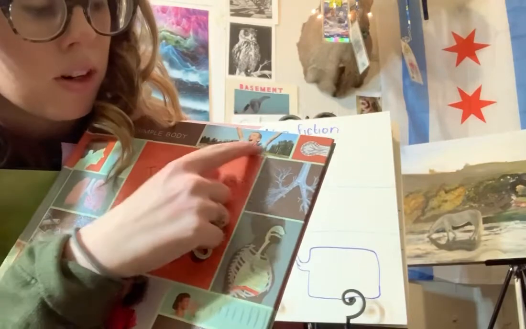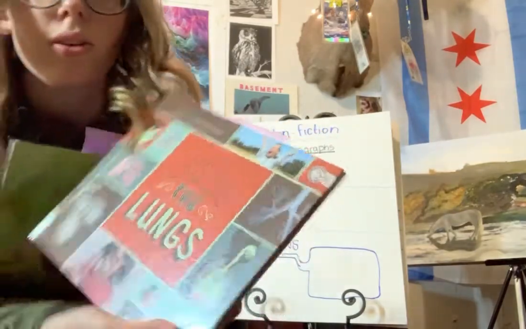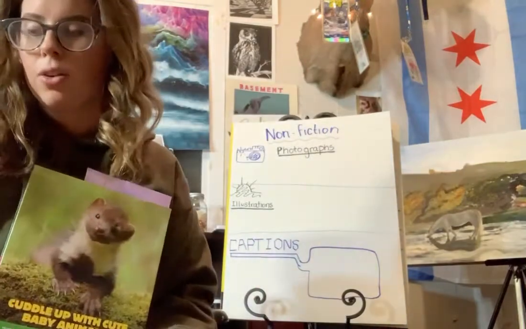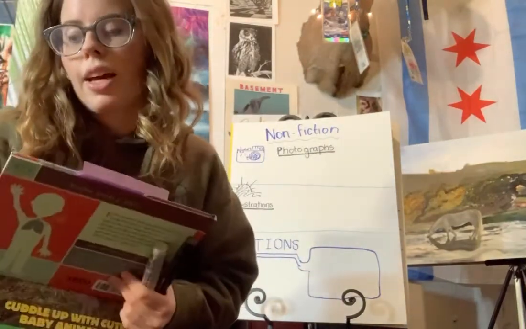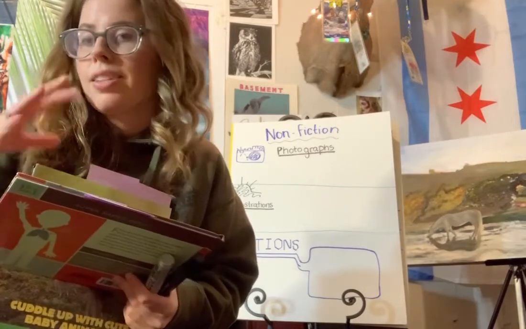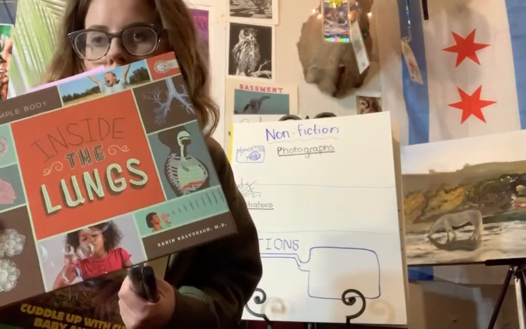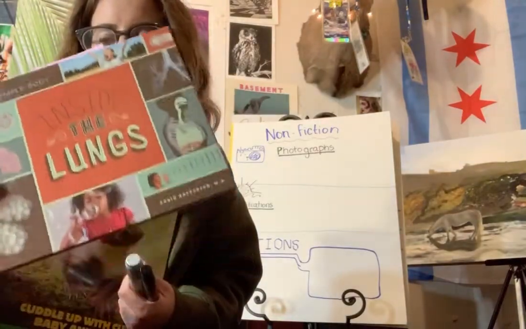And then we also have another person that is in a photograph here. So that is interesting how a text that is about real life things and is not fake, so nonfiction, can have drawings as well as photographs.